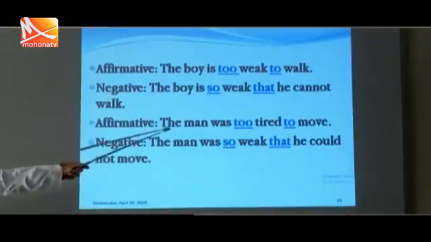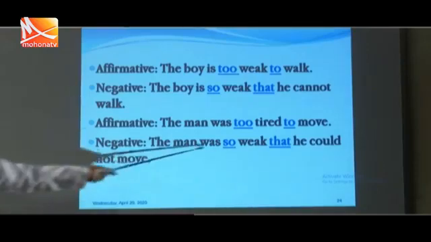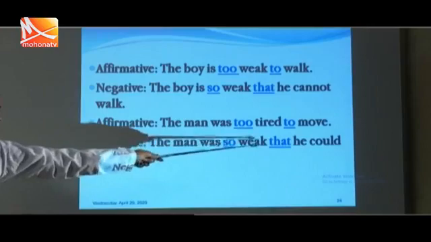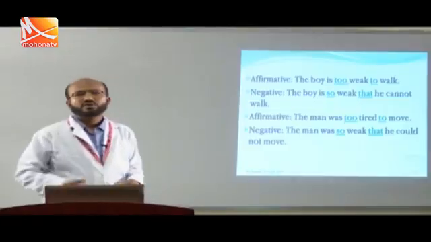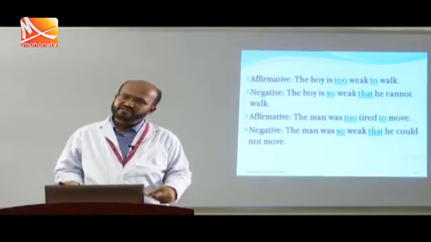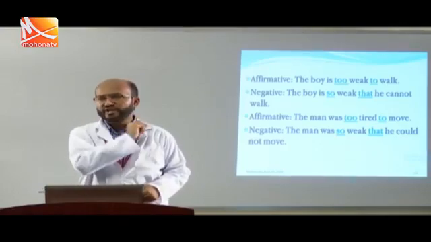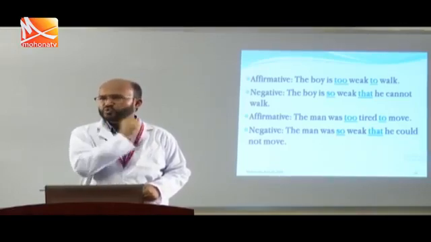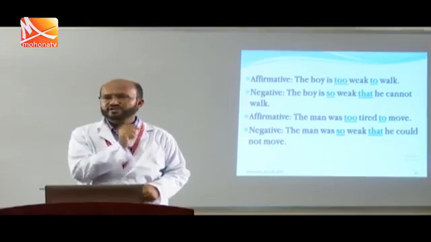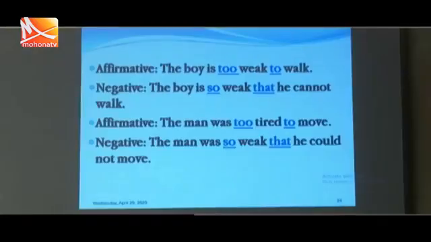So, here you see, okay, we will practice now a negative sentence, okay? The man was so weak that he could not move. So, if the question is like that, negative, so that. You have to remember two things. You are using too, but another thing left. What is that?